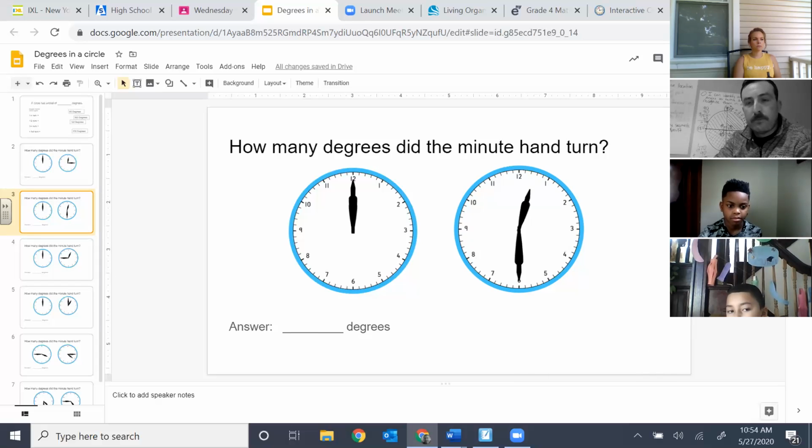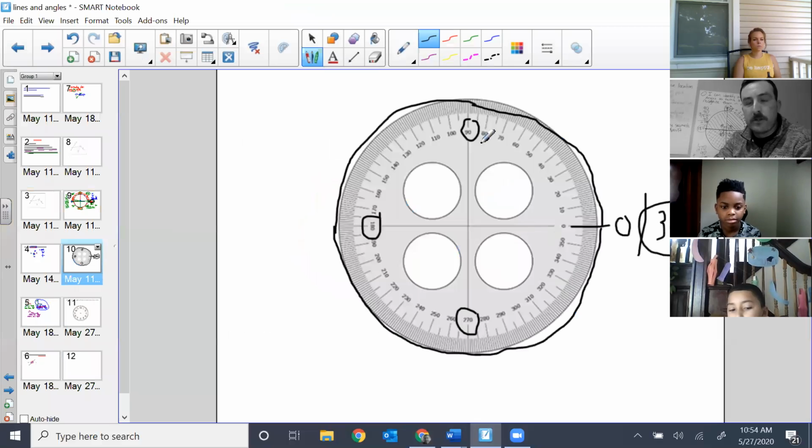Think about our benchmark numbers. So Shalia, we did this. We started, even though it's a different spot, we started at the 12, which was 0. We went a quarter way, and then another quarter way. And what did we end up with for degrees? 180.